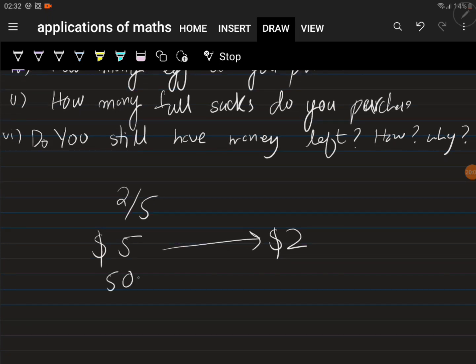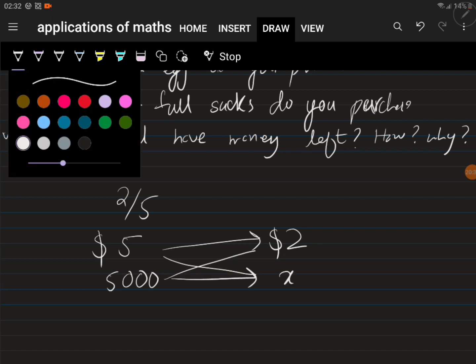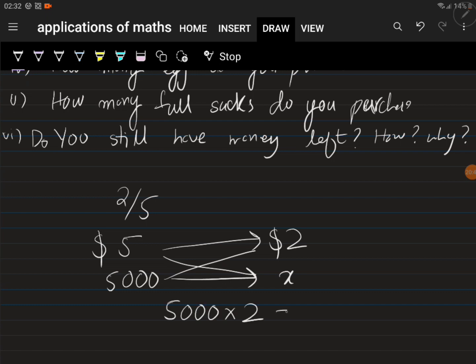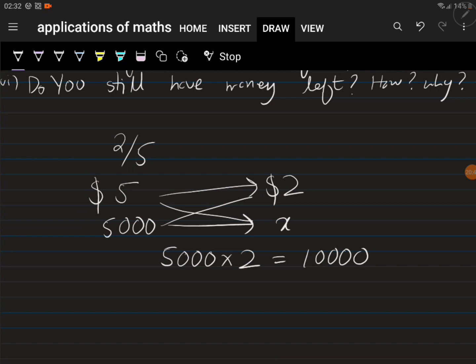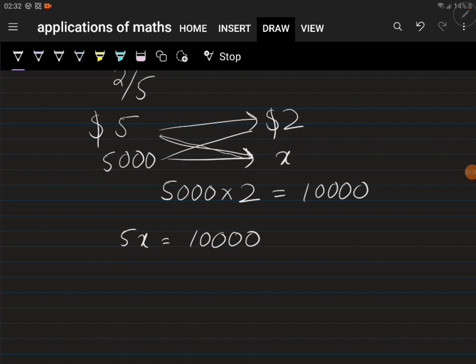He said, I have 5,000. Great. And then he says, okay, I have a hang of this. 5,000 gets multiplied by 2, and 5,000 times 2 is just 10,000, right? And we're like, wow, yes, you're right. And then this 5 is gonna get multiplied with this x, so 5x equals 10,000. Brilliant. That's perfect. So x equals 10,000 by 5, which is 2,000.